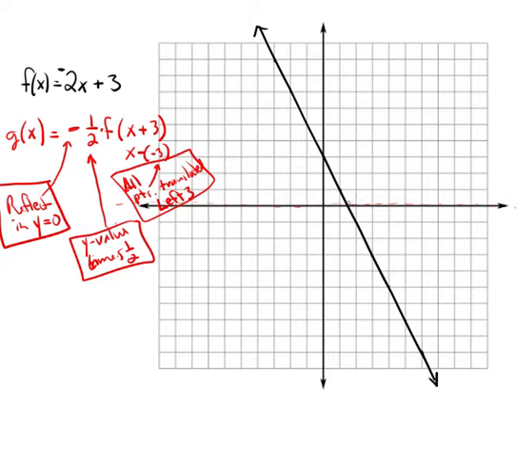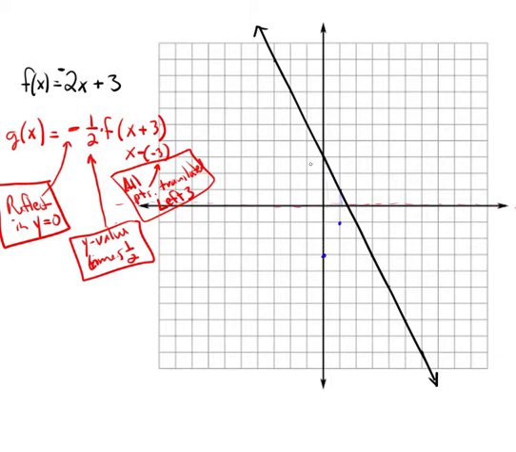I'm going to look at my y value, which is a positive 1 here. Now it's going to be a -1. If I had a positive 3, that's going to be a -3.